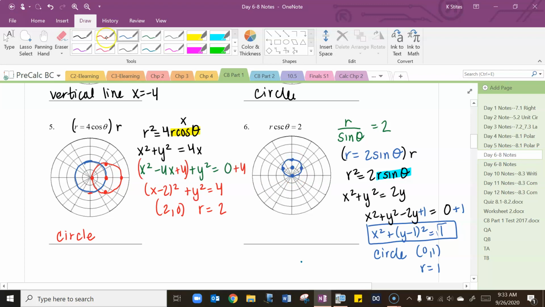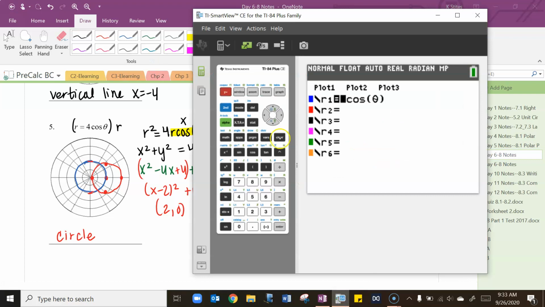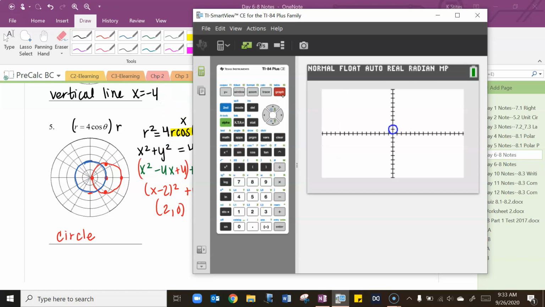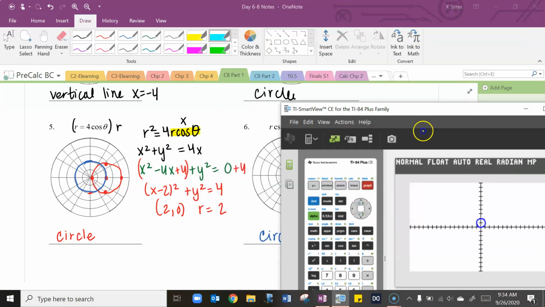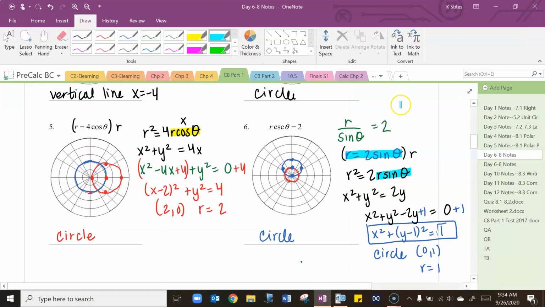That was a little too big, but it should essentially be the same size as this guy here. Okay, so now what I'm going to graph is this guy, the one that's r equals 2 sine theta. And there it is. Okay, mine's a little too big, but that's the basic idea.